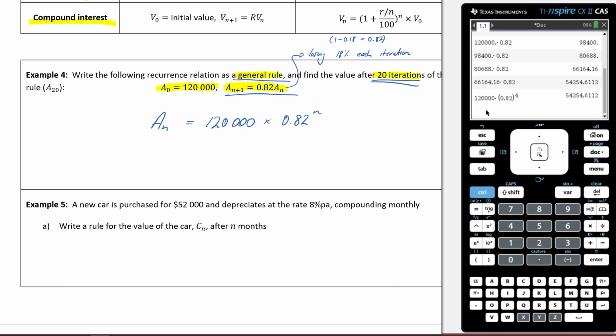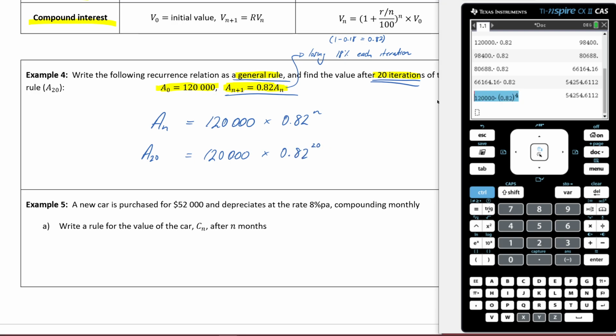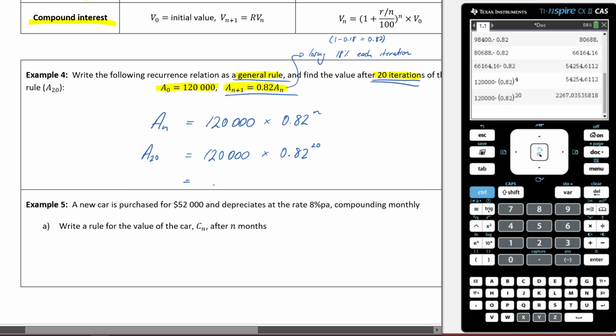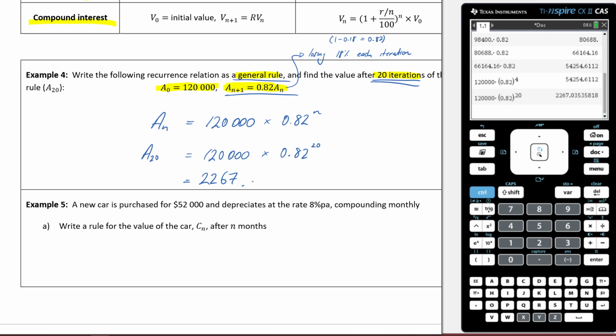If it now asks me after 20 iterations, I go a of 20 is equal to 120,000 times by 0.82 raised to the power of 20. I can come here, take this, make that 20, and I'm going to get my answer of 2267.035.